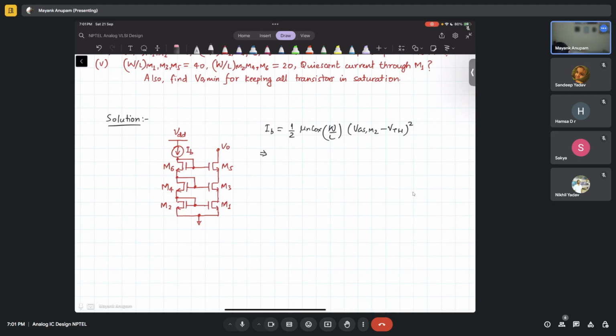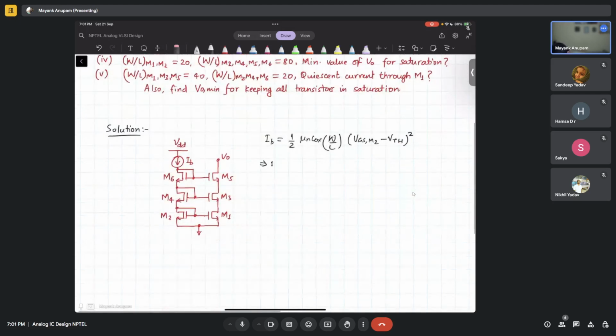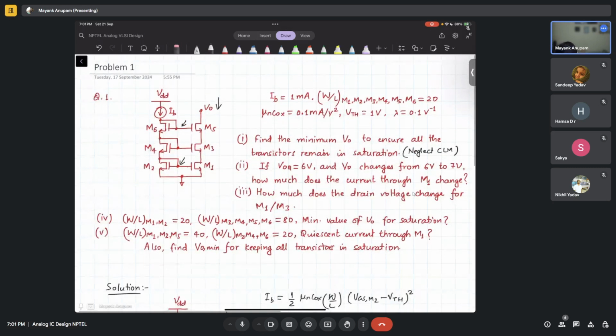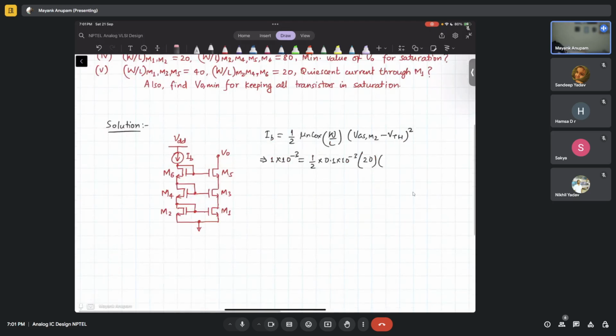So IB is 1 milliampere. 1 into 10 to the power minus 3 is equal to half into 0.1 to 10 to the power minus 3, W by L is 20. VGS minus VTH we don't know.